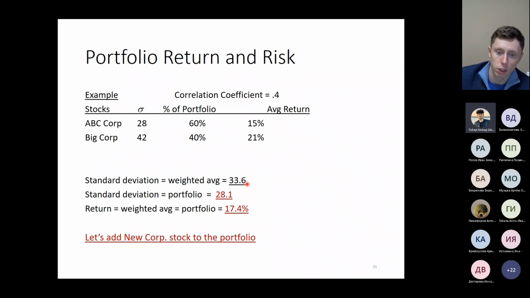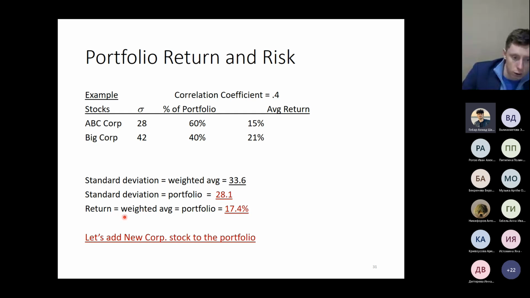The risk would be just the weighted average risk of all assets in the portfolio, and this is 33.6. But due to the fact that the assets are not fully correlated, the correlation coefficient is just 0.4, the standard deviation of the portfolio is 28.1.